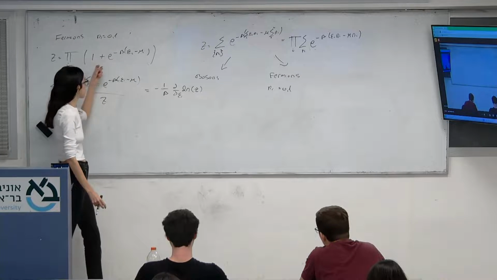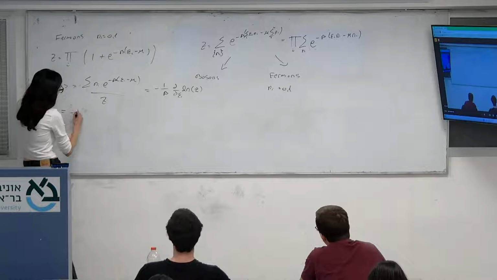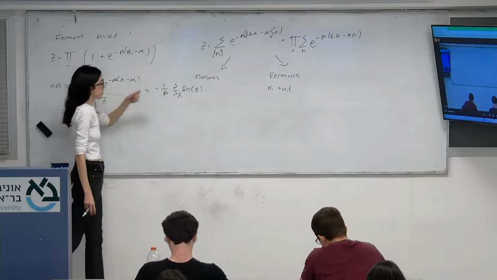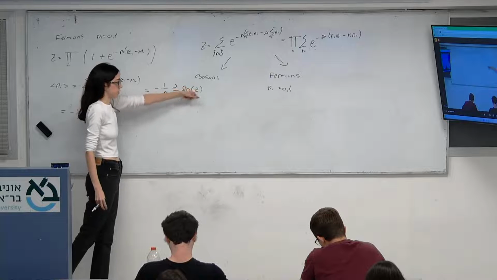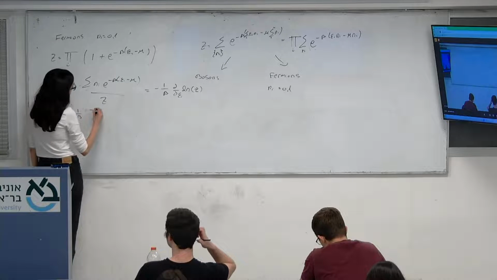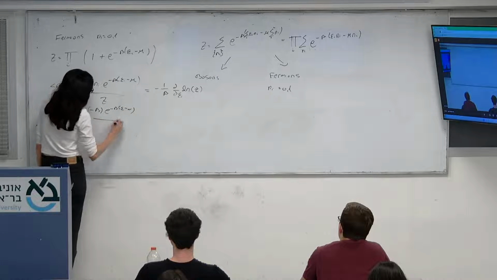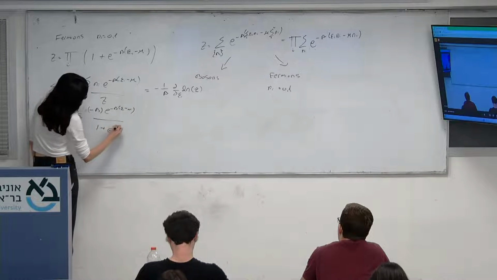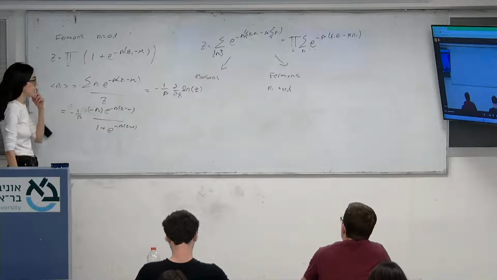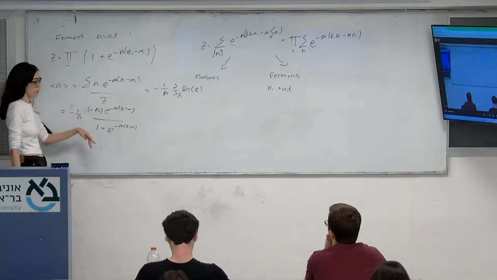So if we use that to take the derivative of the partition function, we have minus 1 over beta, and then the derivative of the log is going to give me the derivative of Z over Z. So this is minus beta e to the minus beta (epsilon minus mu) over 1 plus e to the minus beta (epsilon minus mu). Because I'm going to divide by the normalization, the multiplication is going to cancel out.